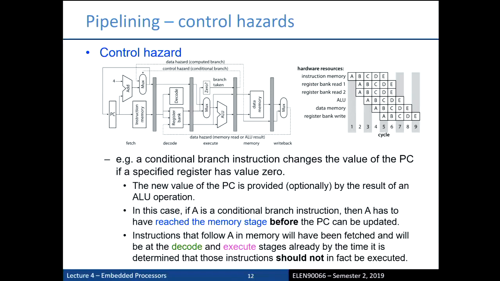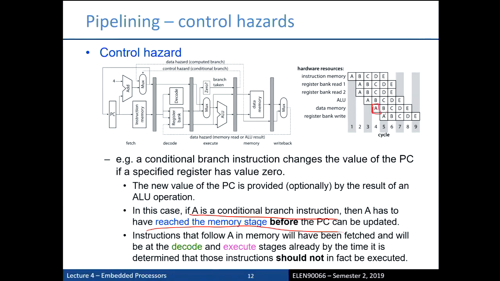So we fetch it, we decode it, pull it from the memory, do the register bank read, put it through the ALU and everything. But if A is a conditional branch instruction, then we actually have to reach the memory write stage, so down here, at least here, maybe even the next one, before we know what needs to be loaded in the program counter.